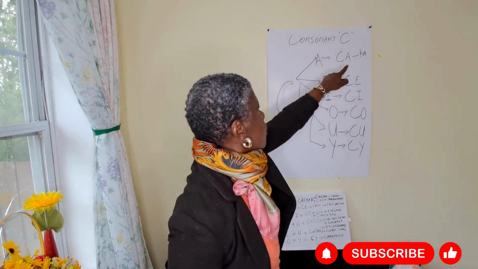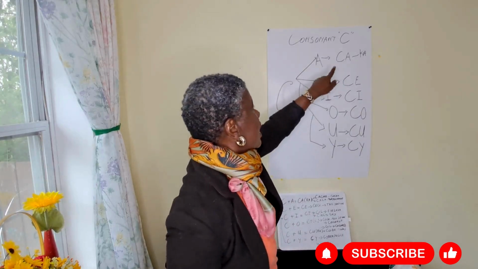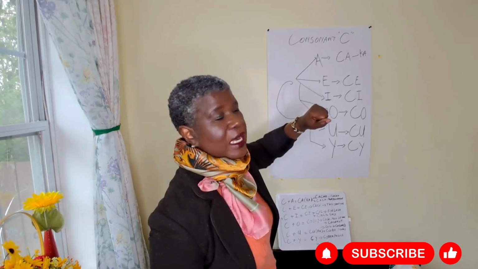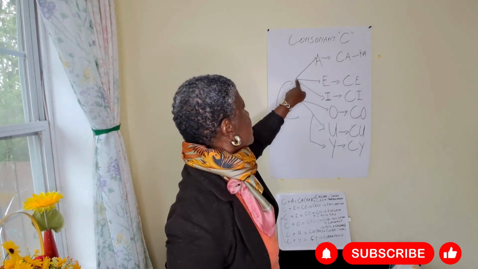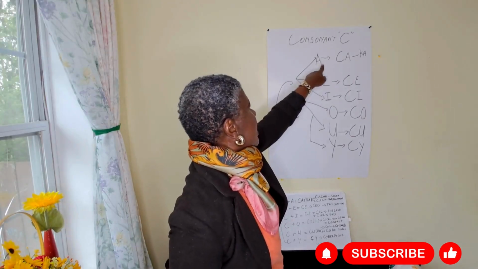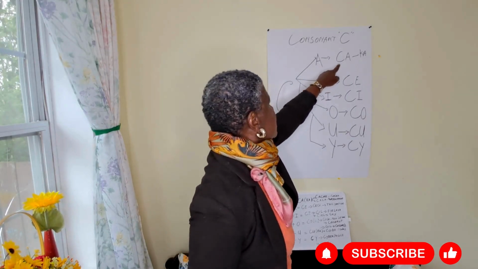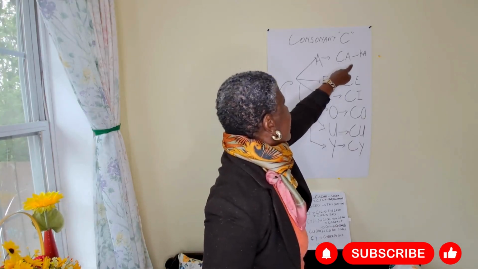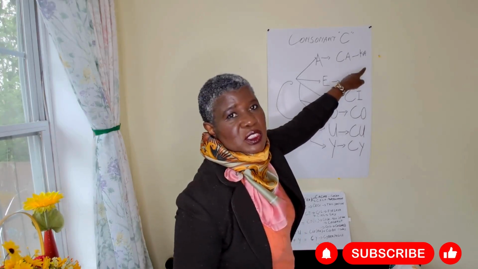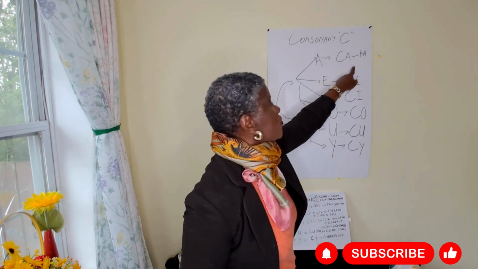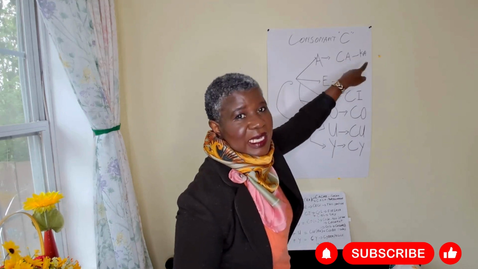We're going to see the word. I will show you the word, so you will understand it much better. But for now, keep in mind, C, pronounced in French "say," plus A produces the sound K. It reads K, like K-A.